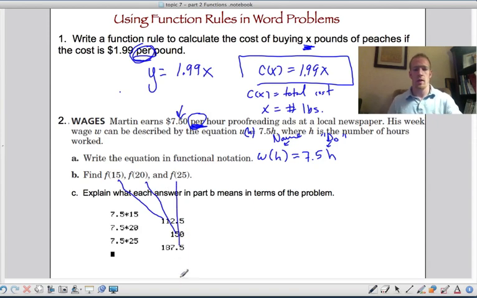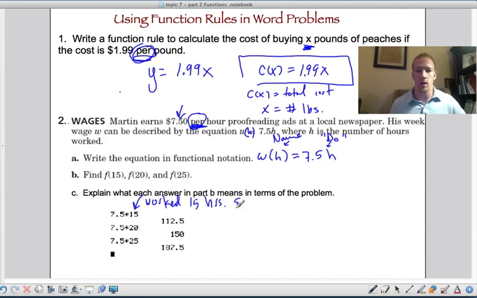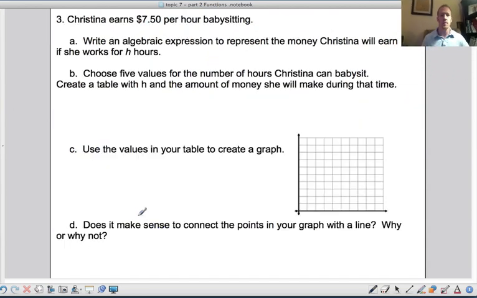Then, explain what each answer means in terms of the problem. Since we're plugging in number of hours worked, this means that Martin worked 15 hours and earned $112.50.